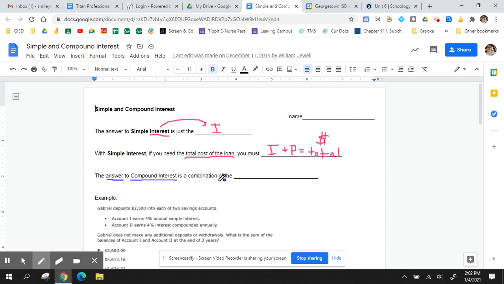It's the combination, and it's already done this for you, because remember, it equals A. Your equation for compound interest is A equals P parentheses 1 plus R, raised to the T. So A already has all of this included, the principal plus your interest.